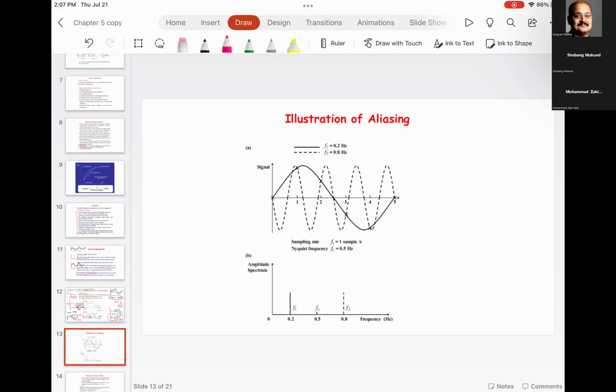This is what happens because of aliasing, also called folding, which means the high frequency components creep into the low frequency spectrum and distort it. So basically you can't trust that spectrum anymore.